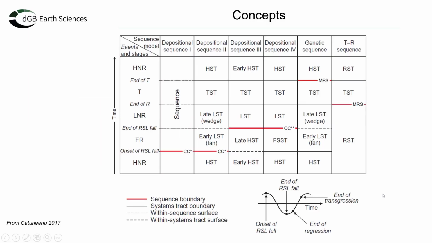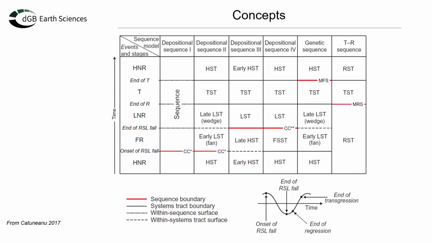Another thing that's important to note here is that when we talk about these models, this table is from Catuneanu 2017, different authors use or have come up with different models. So these are some of the models that are offered in OpendTect in SSIS, and we can see that they talk about the same concepts, but they set, for example, their sequence boundary a little differently in accordance to what their data at that time was suitable for.